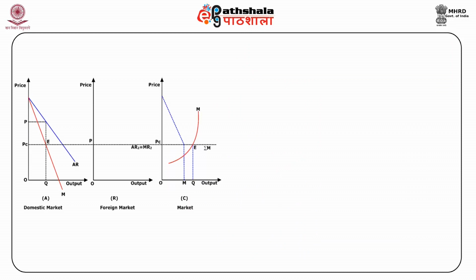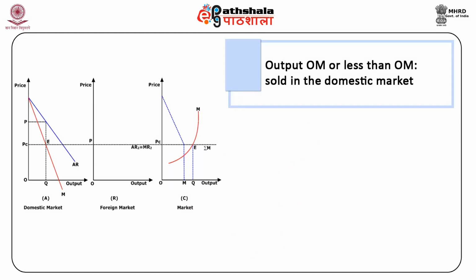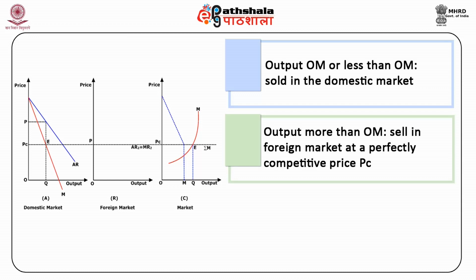In the figure, for any output OM or less than OM, all the output will be sold in the domestic market and the firm has no leftover output to be sold in the foreign market. For any output more than OM, the firm has output left over after completing the domestic demand OM. It will sell it in the foreign market at a perfectly competitive price PC.